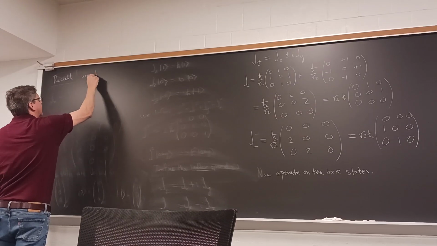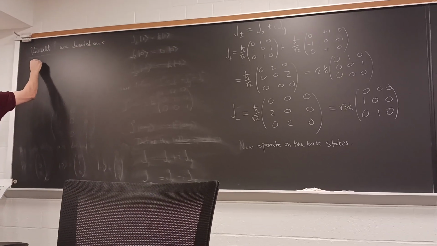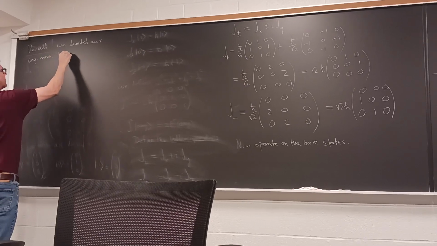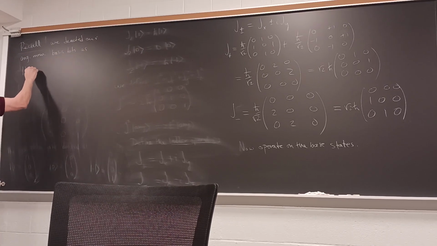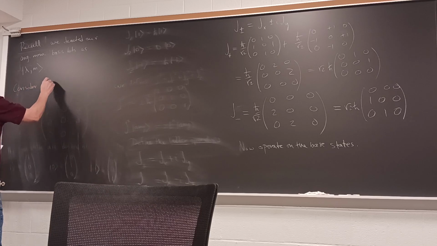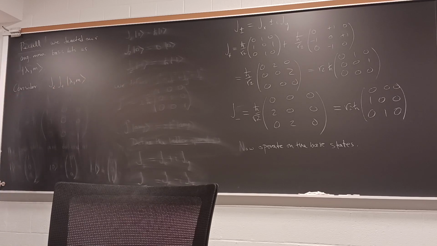Recall that we denoted our angular momentum basis kets as lambda and then m. And we wrote down what happens when you operate with jz and j squared on this ket. So now let's consider what happens when you operate with jz, j plus on the ket lambda m.